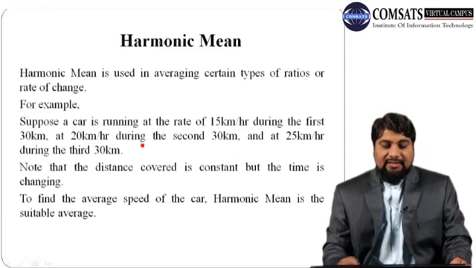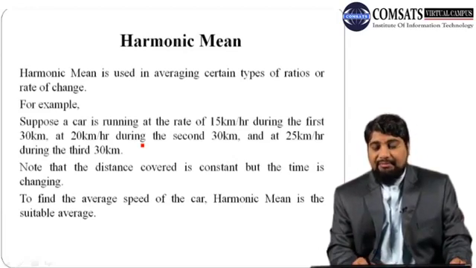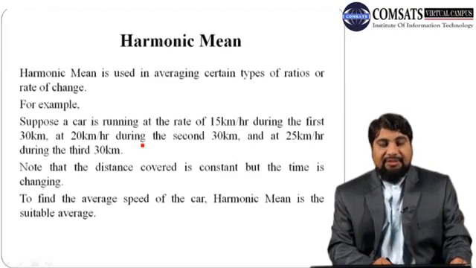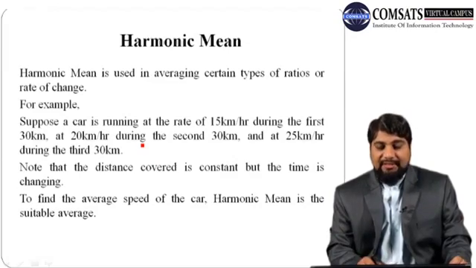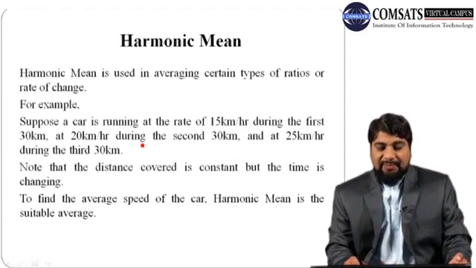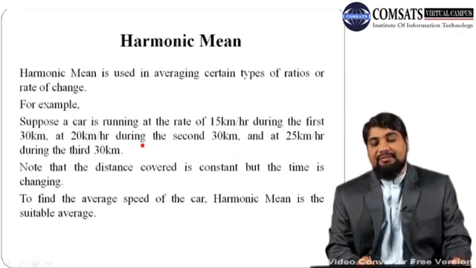Suppose a car is running at the rate of 15 km per hour during the first 30 km, then 20 km per hour during the second 30 km, and then at 25 km per hour during the third 30 km. Note that in all three journeys, the distance covered is constant, which is 30 km in each case.